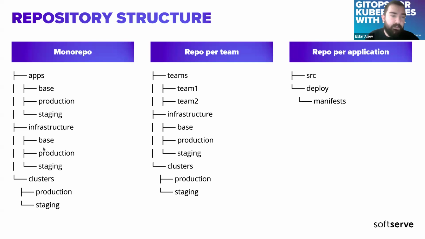The substructure of these infra and apps folders is similar. The subfolders here will be the names of the environments. And if you have some common components, you can just define a base, put everything in base, and in the manifest for production or staging, refer to the manifest in base.